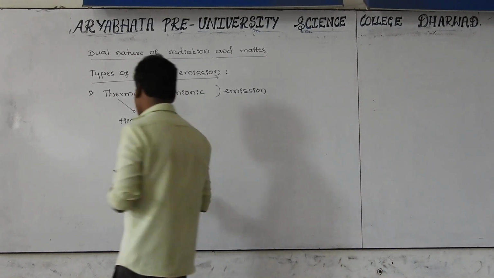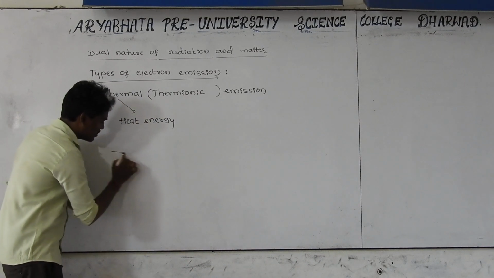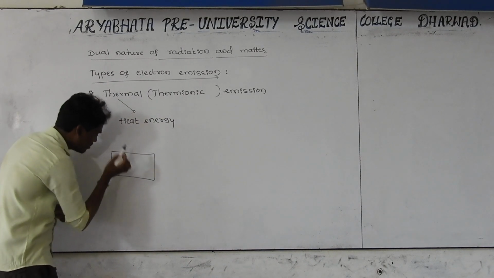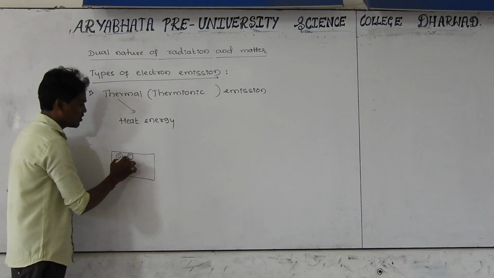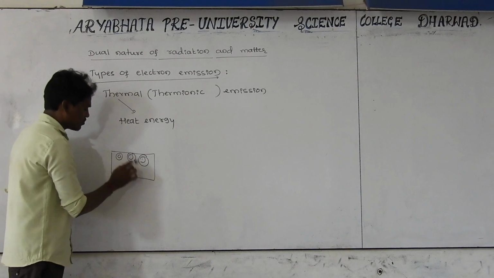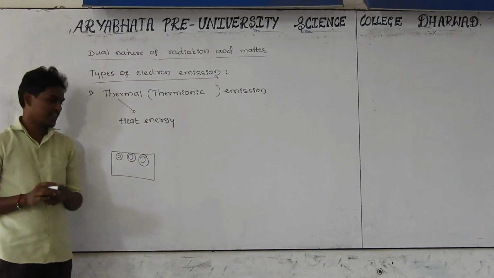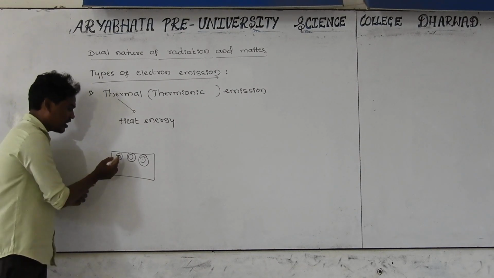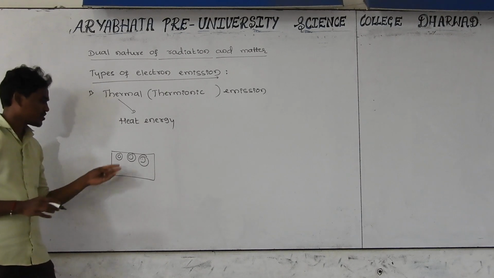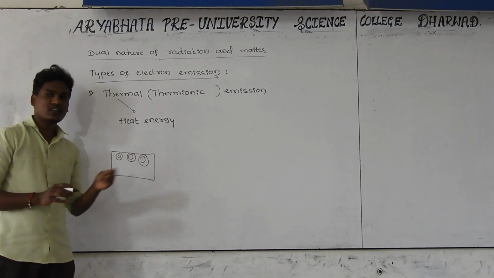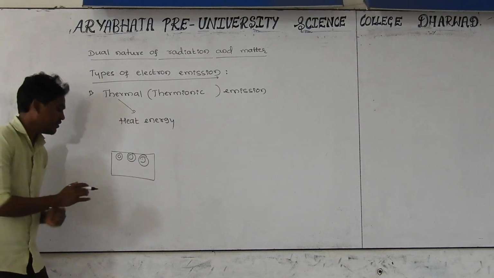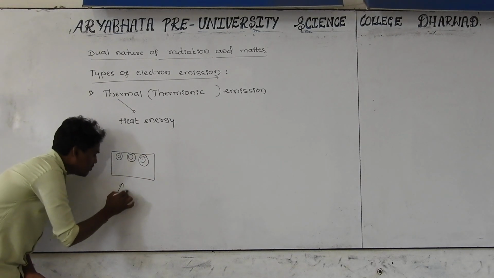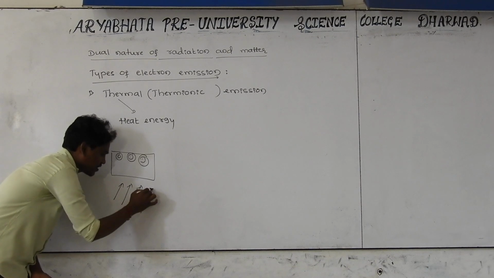For example, just you can imagine this is a metal, which has an infinite number of atoms. Just for convenience, I am taking here 3 atoms. In order to emit the electron from the surface of this metal, we need to supply some amount of external energy.